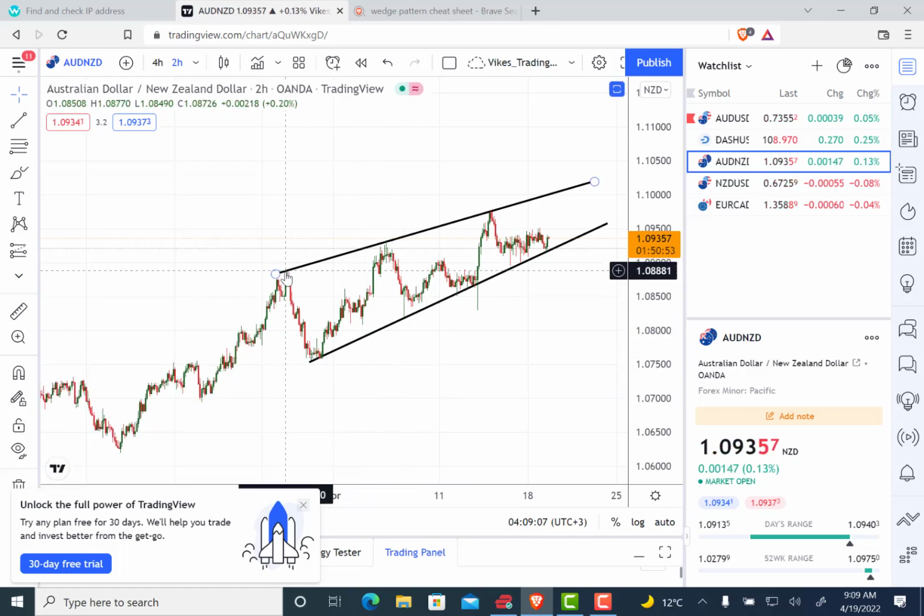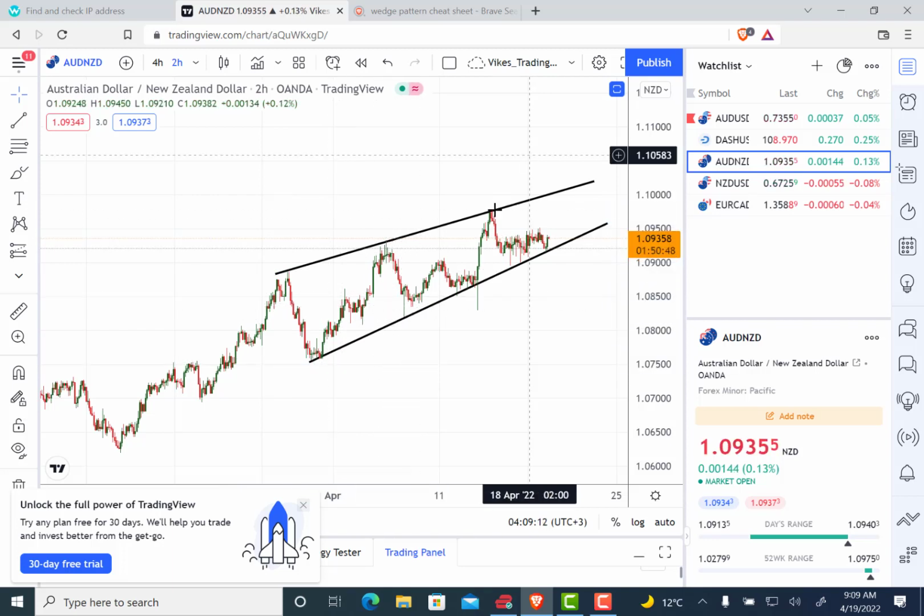Okay, so these are swing high, swing low, swing high, higher low, higher high, higher low.